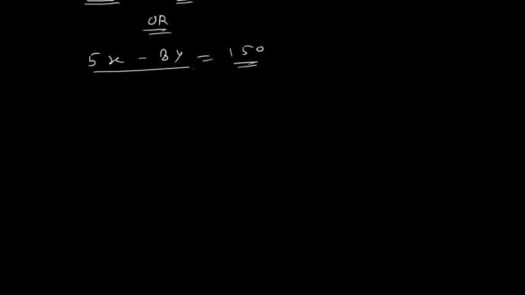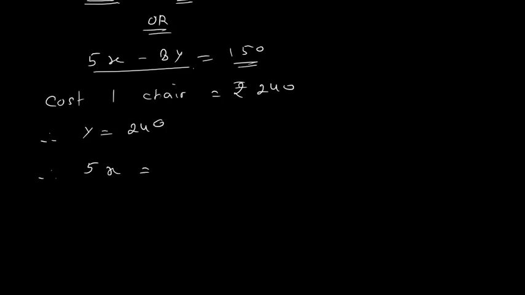So the cost of 1 chair is rupees 240. Therefore y becomes 240. So you can say that 5x is equal to 8y plus 150.